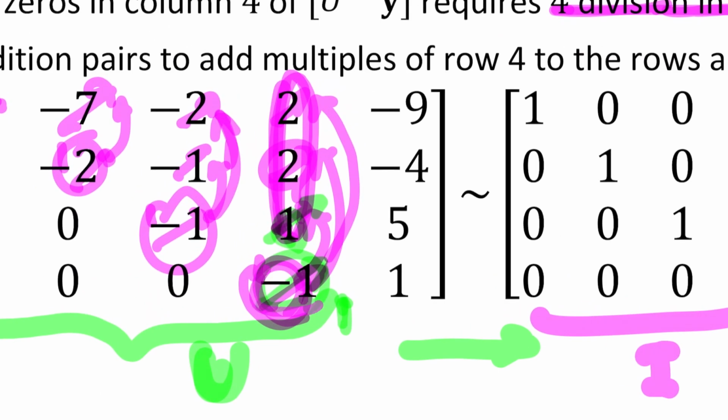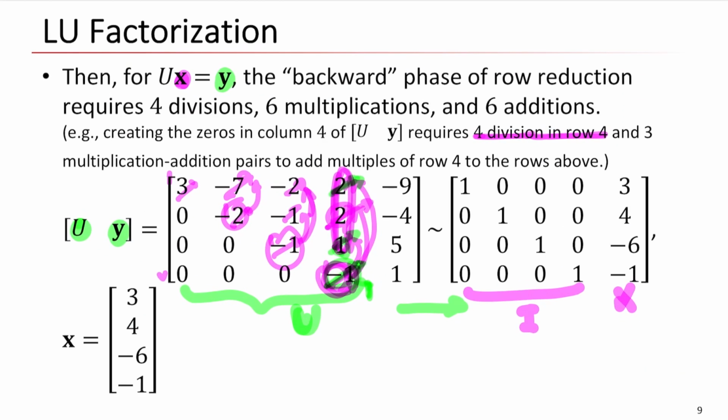We have to normalize this term as a 1 and multiply by -2 to eliminate this one, right? Finally, to eliminate this one, first of all, we have to normalize this one as a 1, and then we have to multiply -2 to eliminate this one, right?